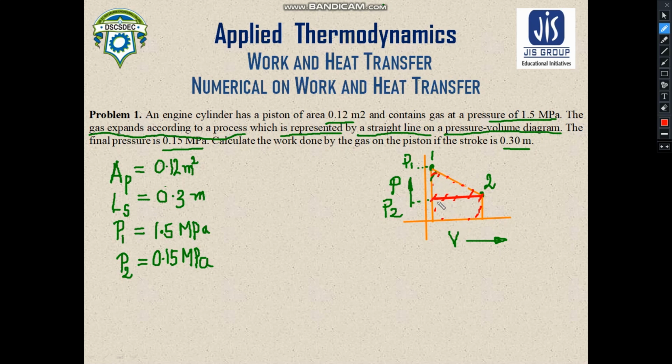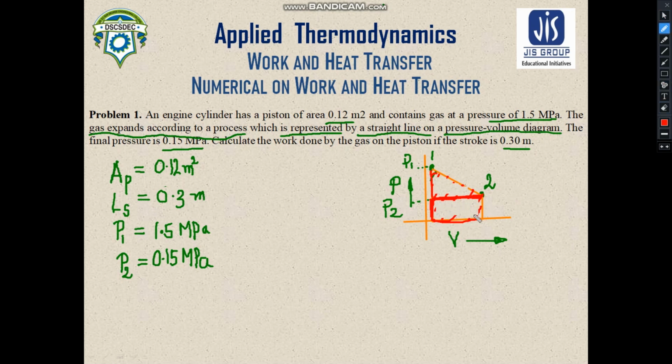For the triangle, this is our base, whereas this is our perpendicular height. For the rectangle, this is our breadth and this is our length. The information which we don't have is the base of this triangle and the length of this rectangle.